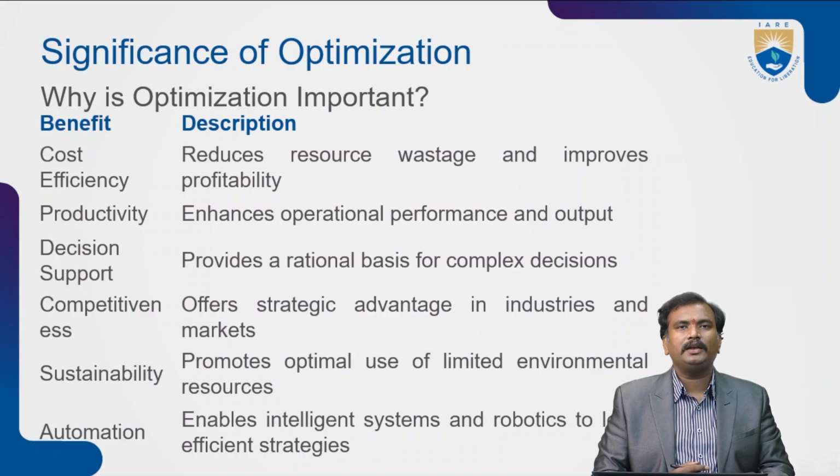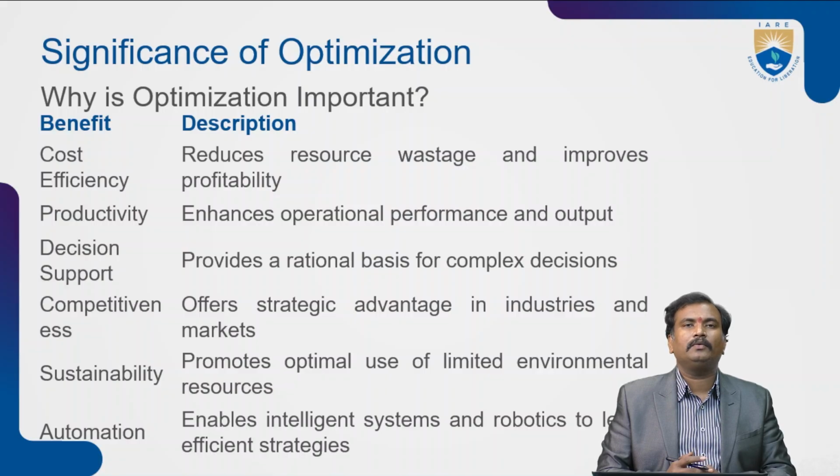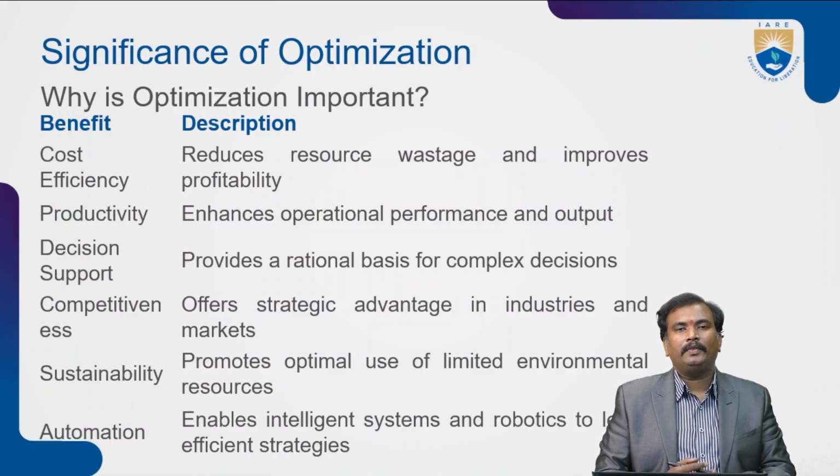And sustainability, which promotes optimal use of limited environmental resources. And automation, where we can use programmable logic controllers and robotics in order to learn efficient strategies. Like, in order to optimize the cost of electricity, we have to use automated systems.